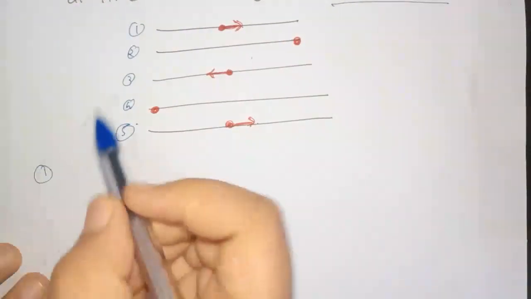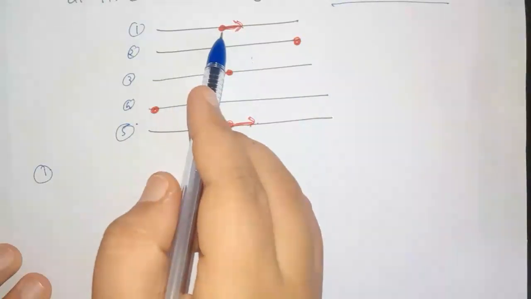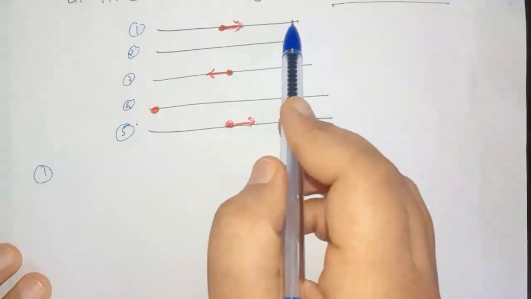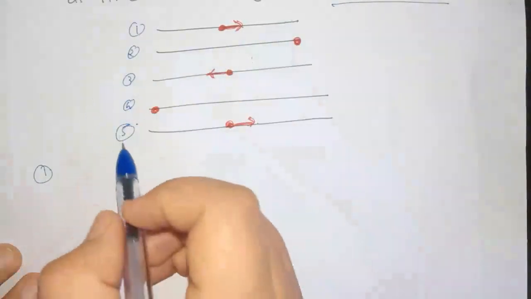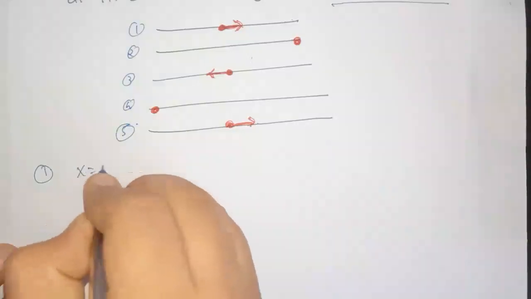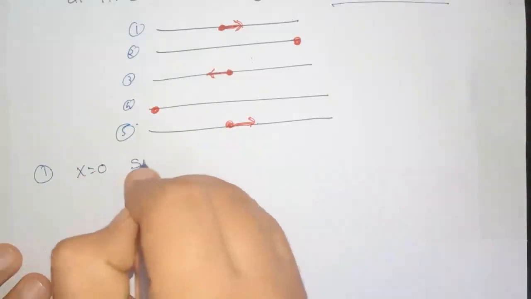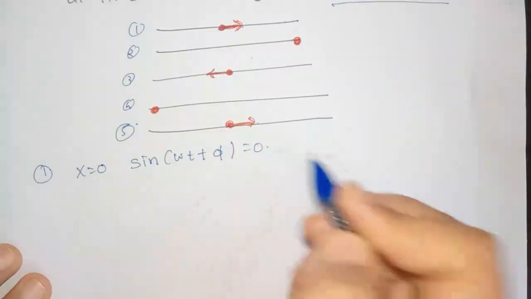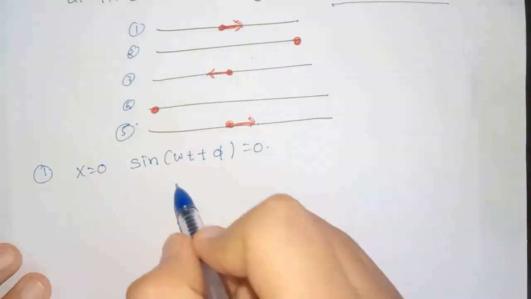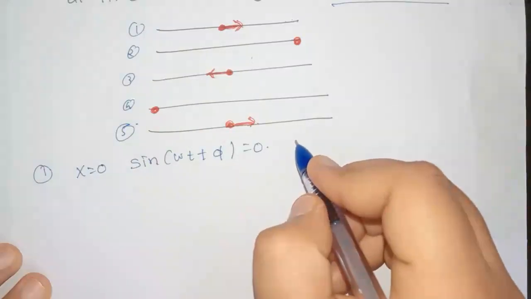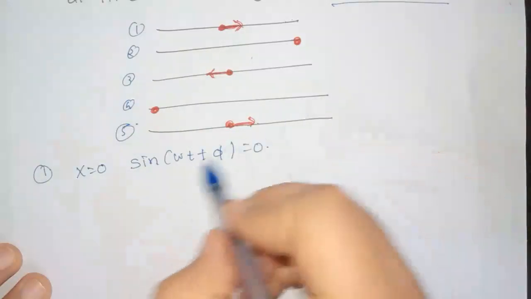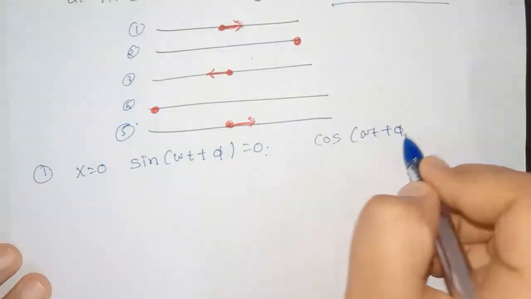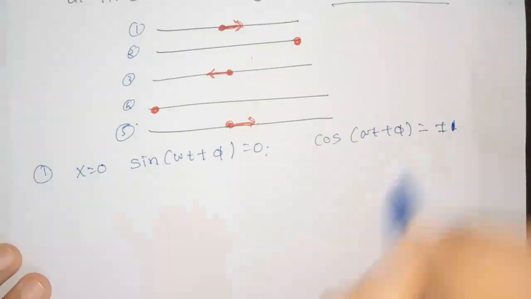In the first case, the object is at mean position and its tendency is to move towards the positive extreme. So x is equals to 0. So we can write sine of omega t plus phi is equals to 0. As sine is 0, we can write cos of omega t plus phi is equals to plus or minus 1.